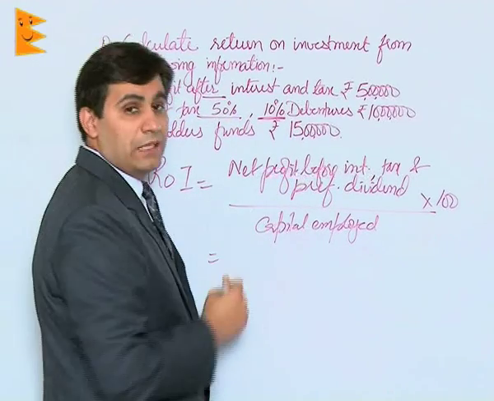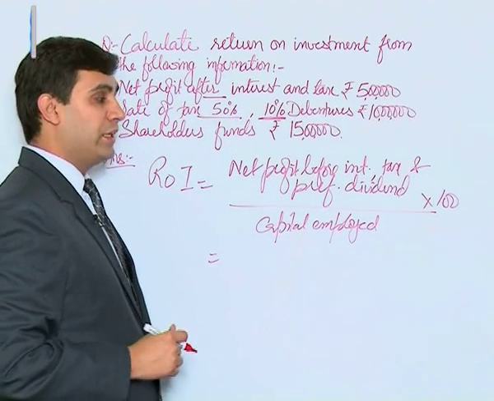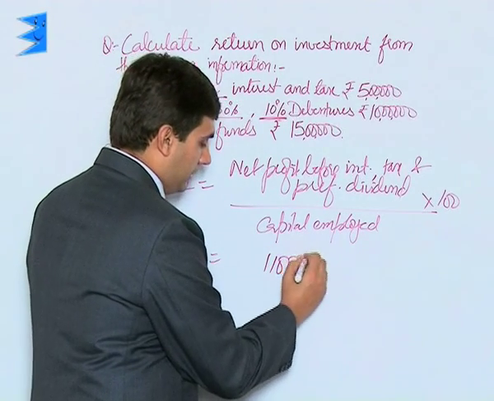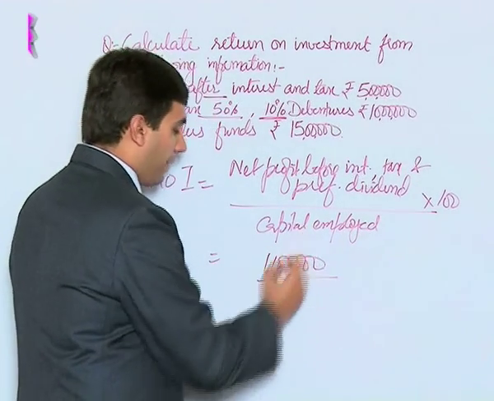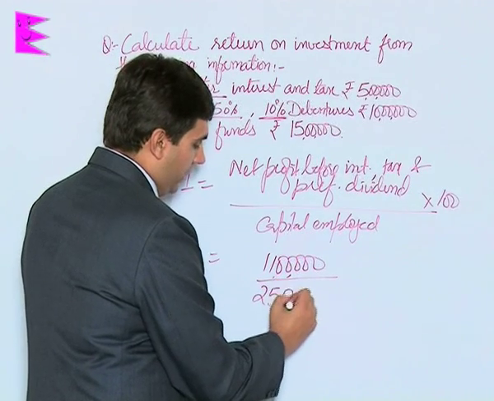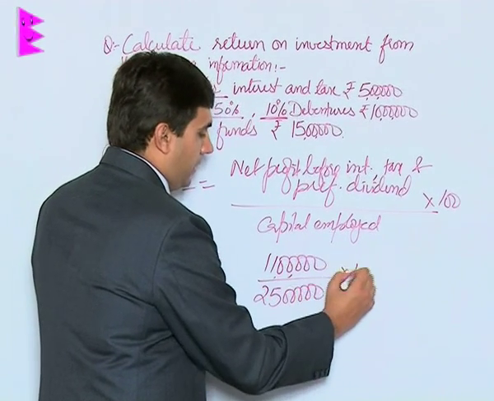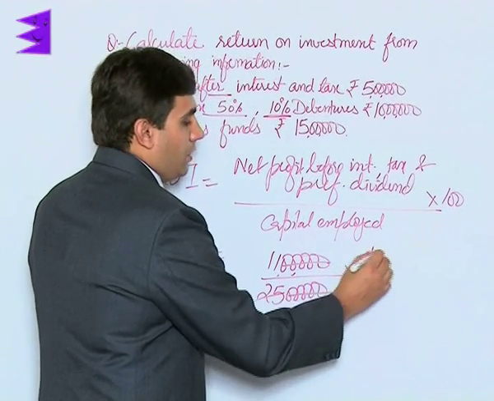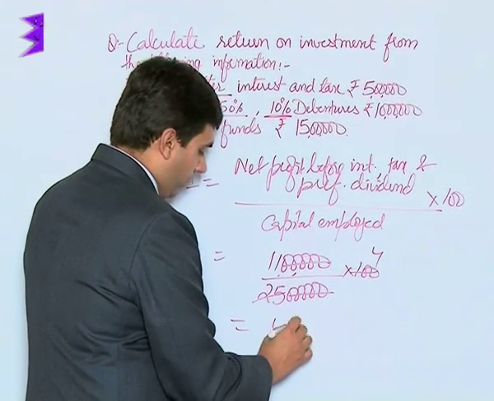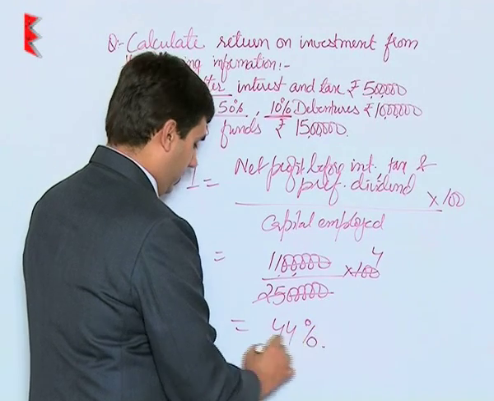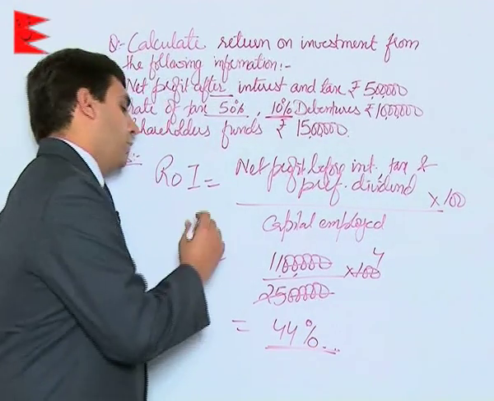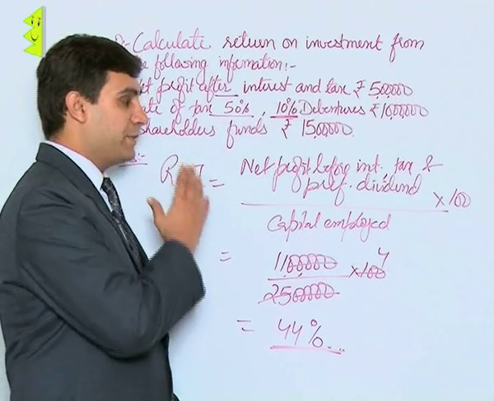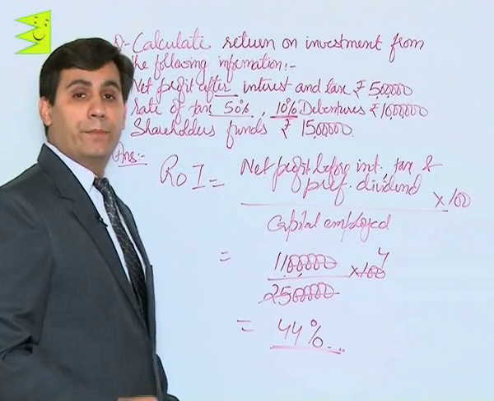So students, we had just calculated that net profit before interest, tax and preference dividend is rupees 11 lakhs. The capital employed is 25 lakhs into 100. Calculating, it comes to 44%. So students, return on investment according to this question and the figures mentioned here comes to 44%.